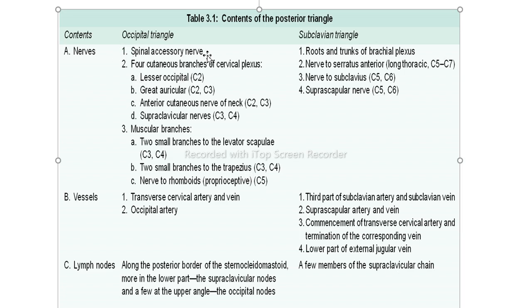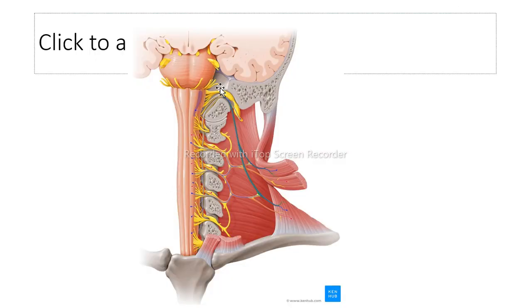The main content of the occipital triangle is the spinal accessory nerve, and these four cutaneous branches in the upper part of the triangle. The 11th cranial nerve is the spinal accessory nerve.